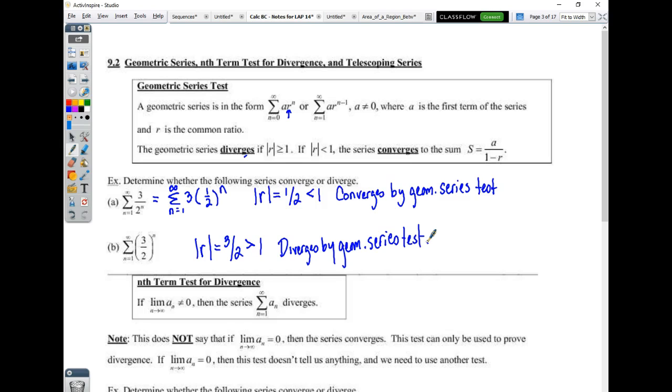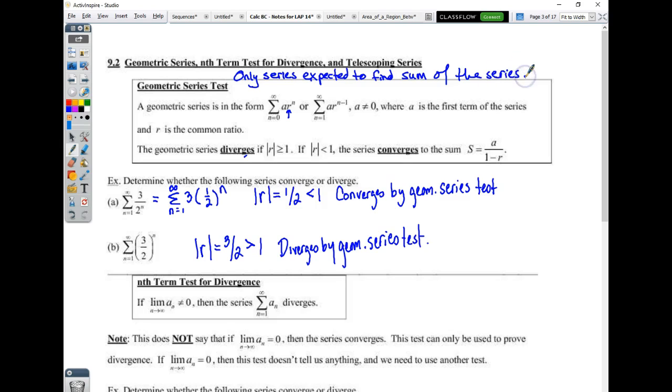Now, I do want to put one thing to the geometric series that's really important. The geometric series is the only series, you may want to put this, is the only series where you can be expected to find the sum of the series.